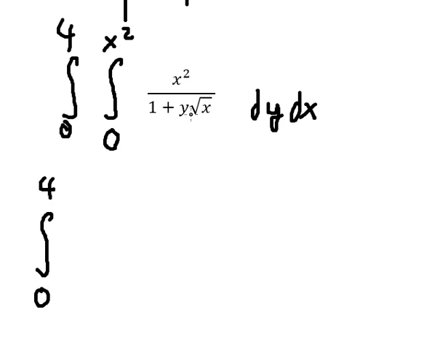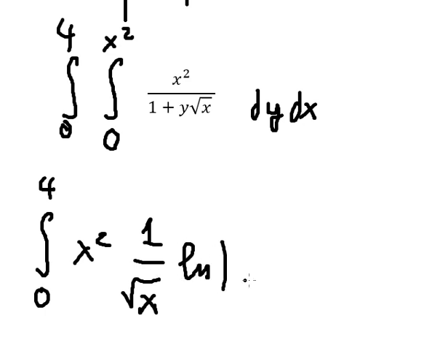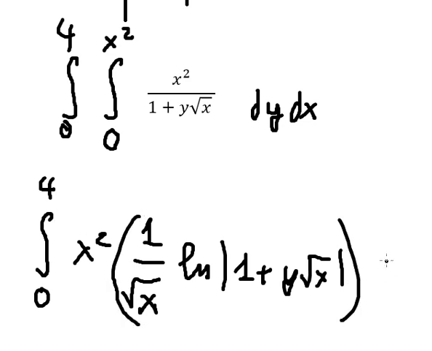For the integration of this one, I will put x squared here because we have y, so that should be 1 over the square root of x. We just consider the square root of x as a number, so that's why we put it like this: ln of the absolute value of 1 plus y times the square root of x, with the bounds from 0 to x squared.